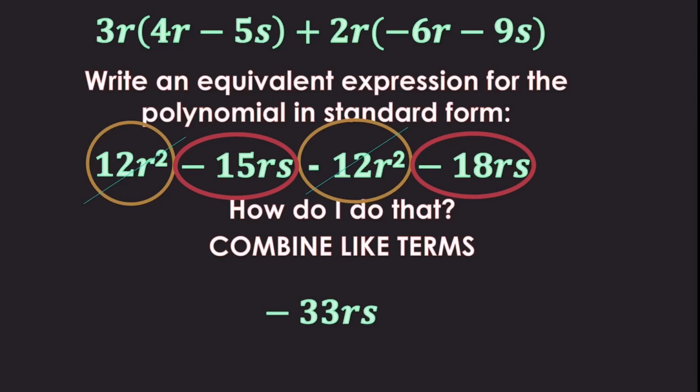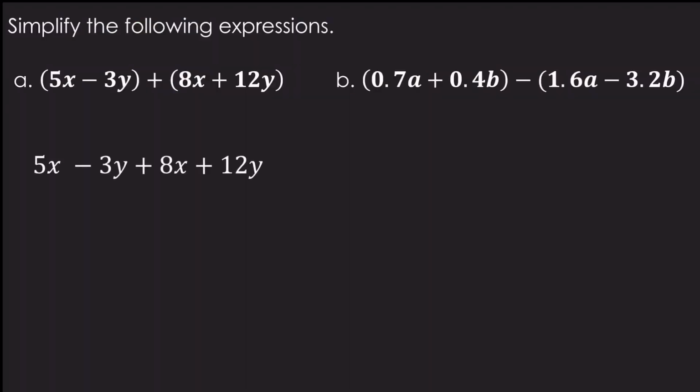Okay, so let's now go through and add our polynomials. If you take a look at example A, I have two binomials that I'm adding together. I had a student once say, I'm adding them. Don't I just write them as they are and combine like terms? And I said, that's exactly what you do. So you take exactly what's in your first polynomial and exactly what's in your second.